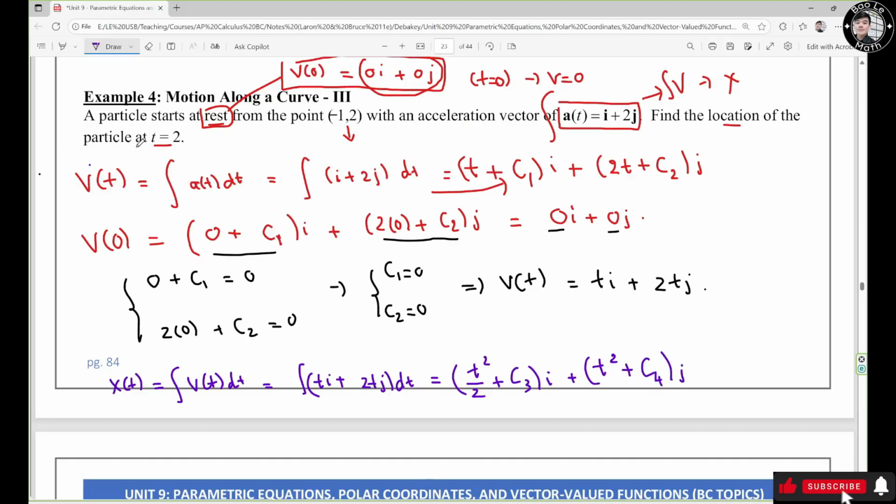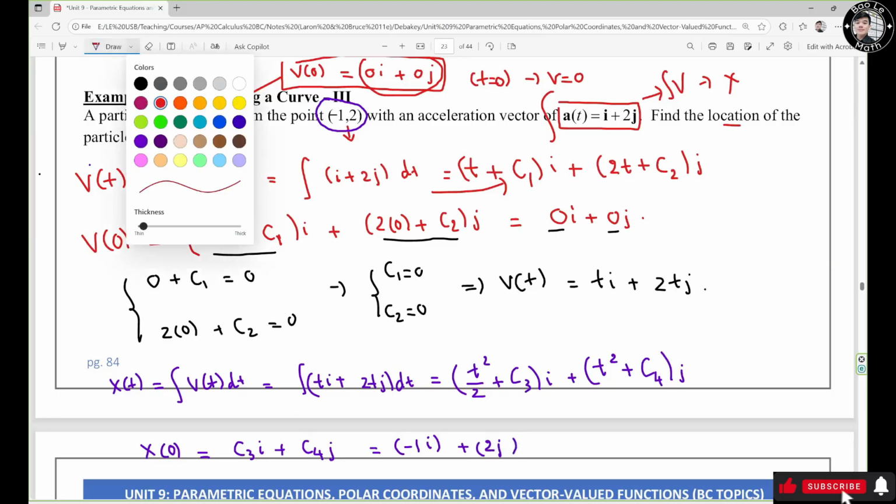right? Now we're going to use the ordered pair right here. At t equals 0, the position is negative 1 and 2. So I have s of 0 equals, substitute 0 for t, it's going to be c3 i plus c4 j. This one equals negative 1 i plus 2j. So I just equate the components.